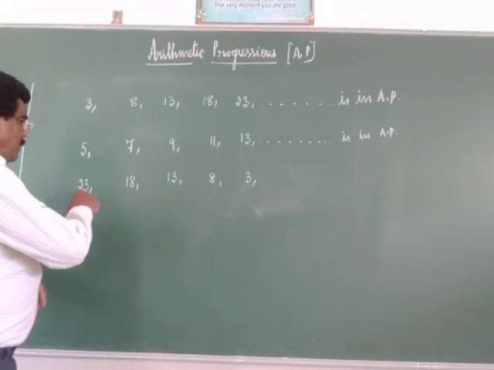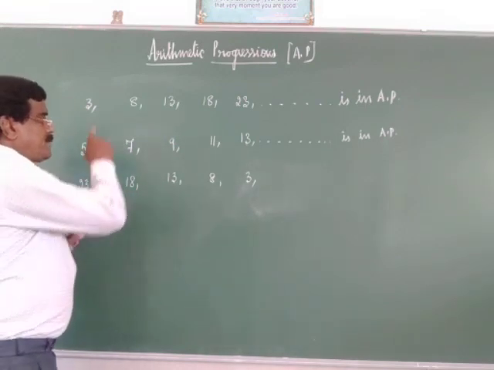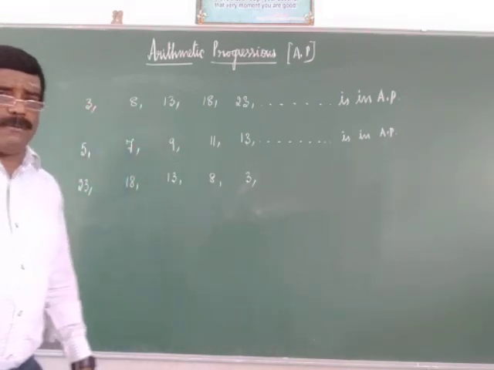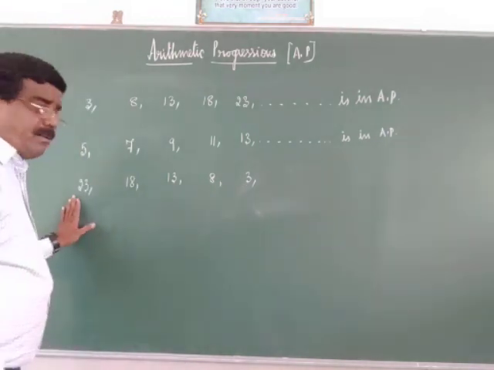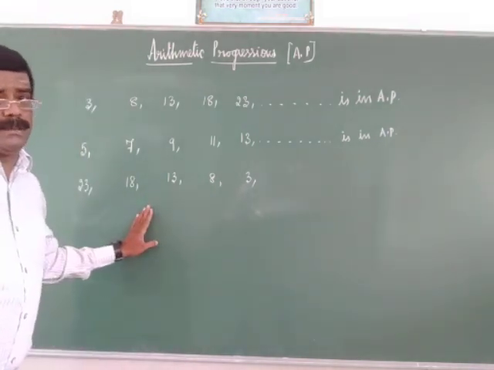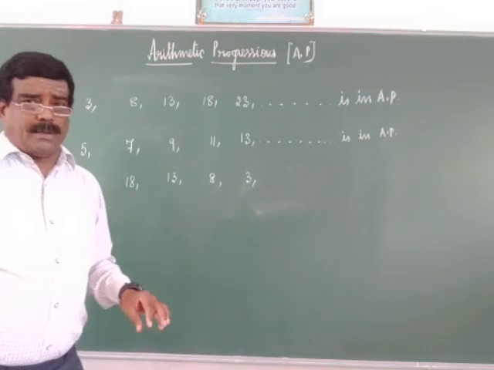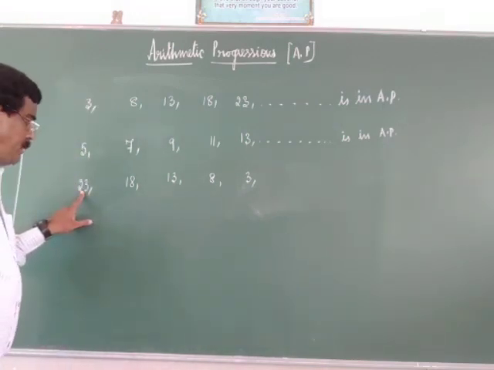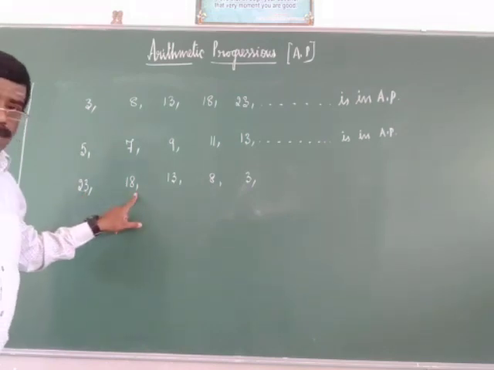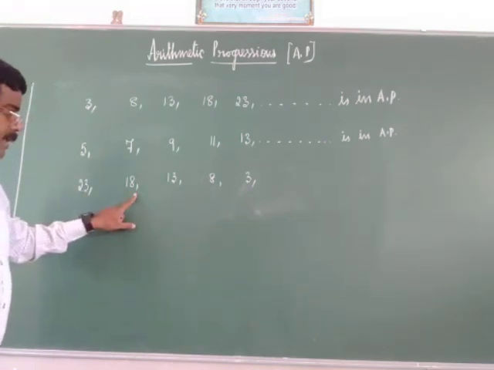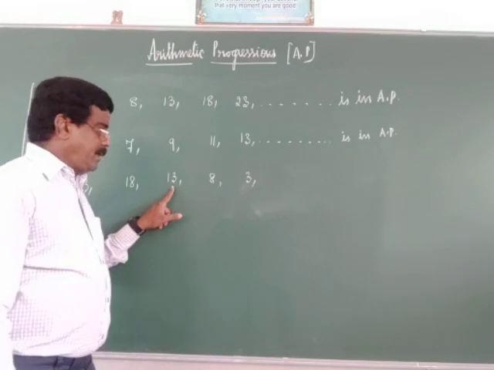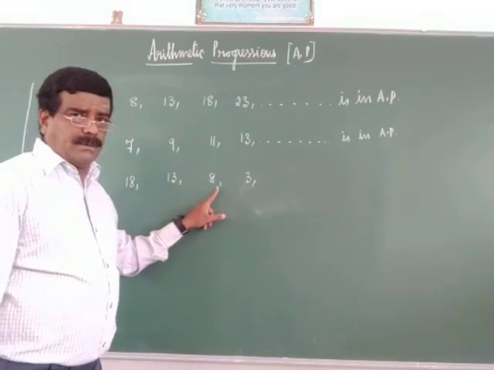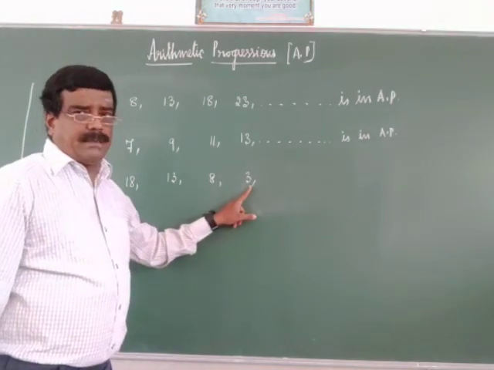So here try to understand, in the first example we added 5 and in this example we are subtracting 5, means minus 5 we are doing. For example, see 23 is there first, 23 minus 5, 18. 18 minus 5, 13. 13 minus 5, 8. 8 minus 5, 3.